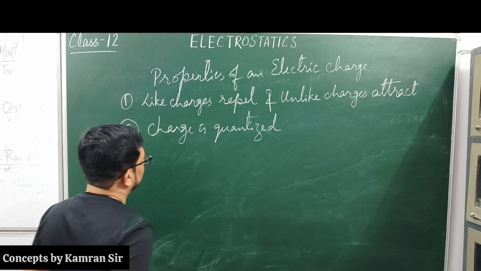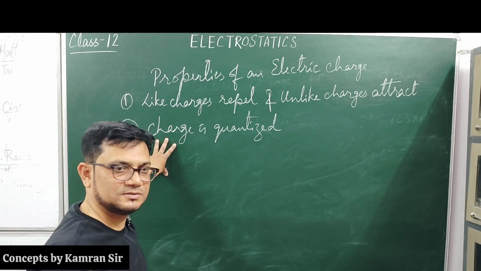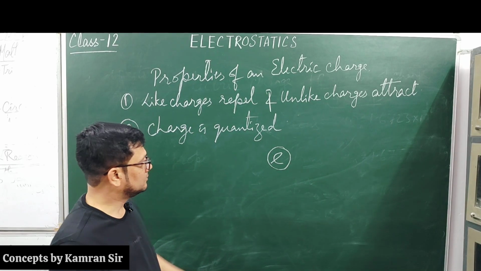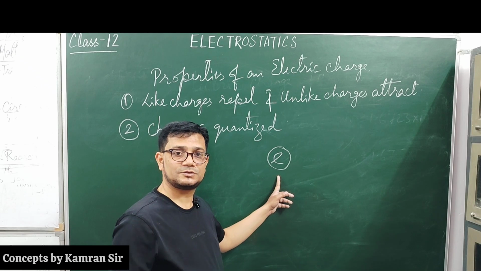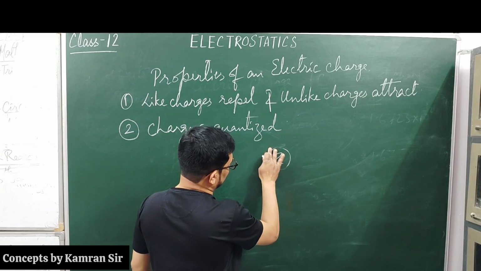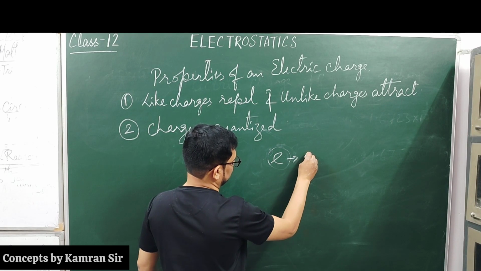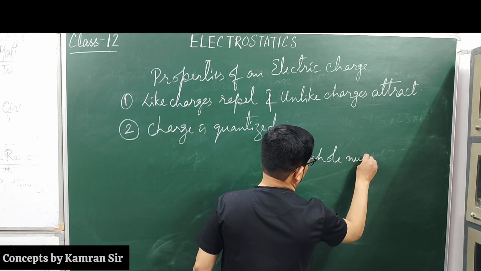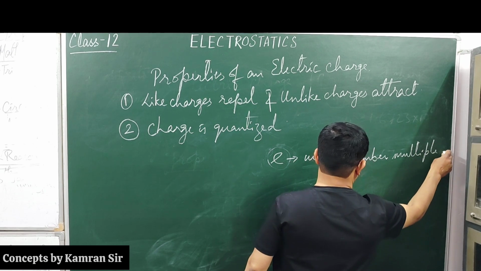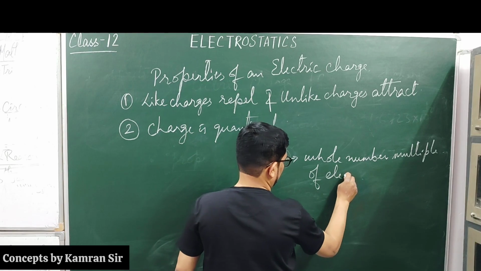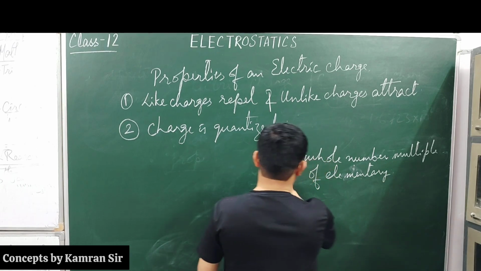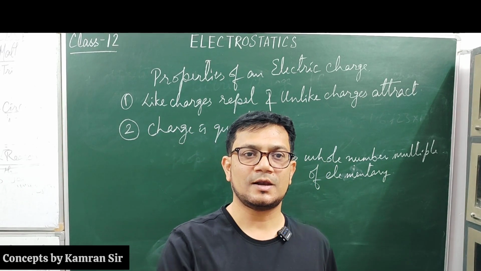This property essentially means that this charge, the elementary charge e, say for example we take an example of the electron, exists as a whole number multiple of this elementary charge, which means that electrons cannot be in fractions, right?